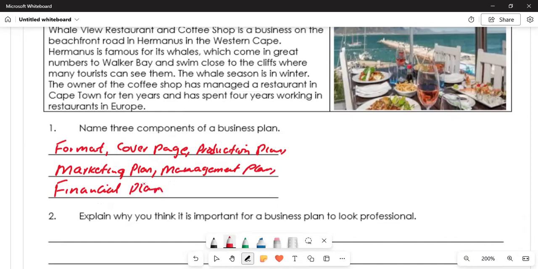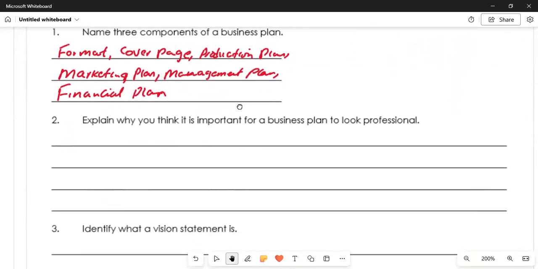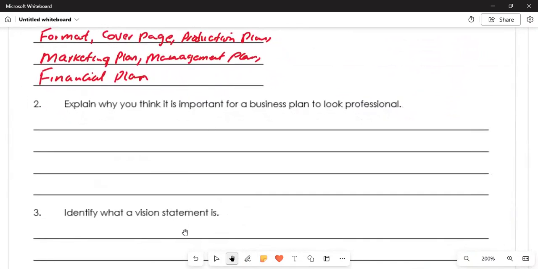We also have a SWOT analysis and other things. So that is that.